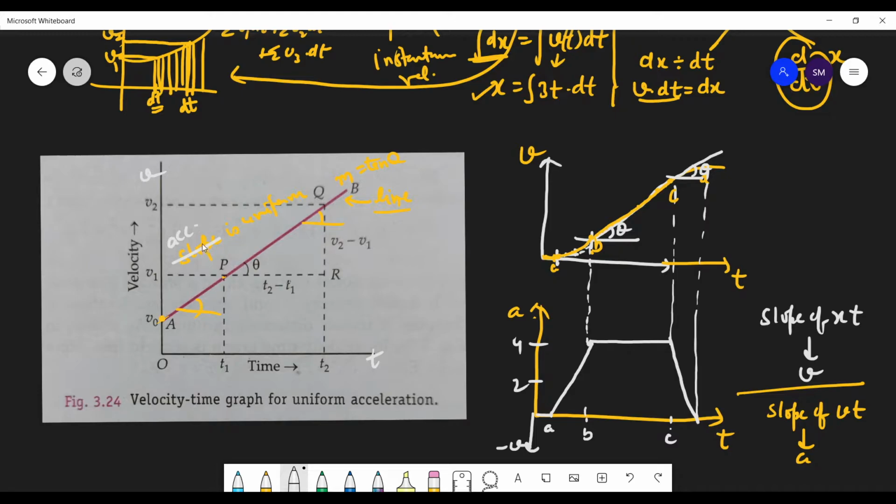In geometry, we write slope. In physics, we write the physical quantity which is telling us the slope. Like, see, in 2x equals 4, here x is equal to 2. But if it is 3x equals 9, here x is equal to 3, beta. Same is the slope.